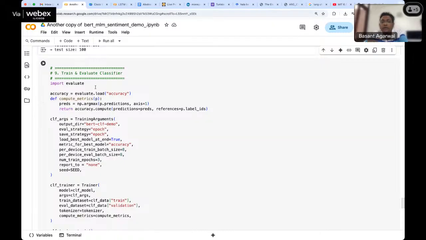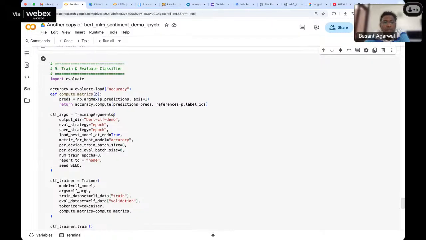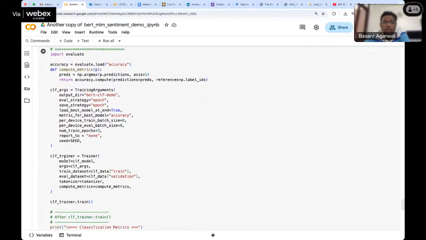Then we create this evaluate function, a metric which will be used for measuring accuracy, similar to what we used earlier. Now we first set all the training arguments and training parameters.